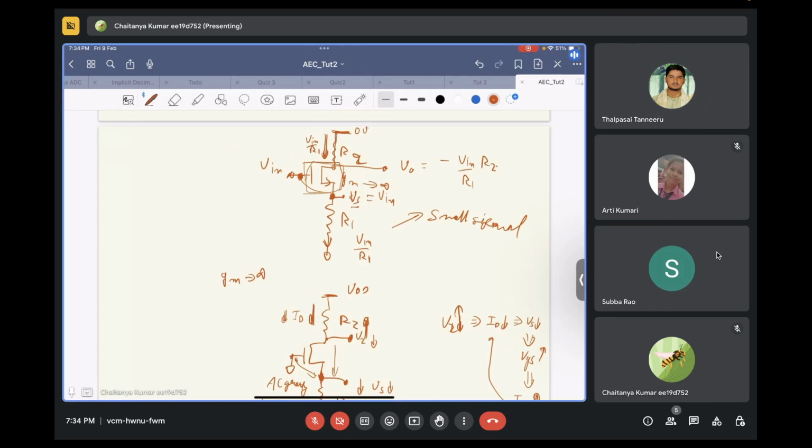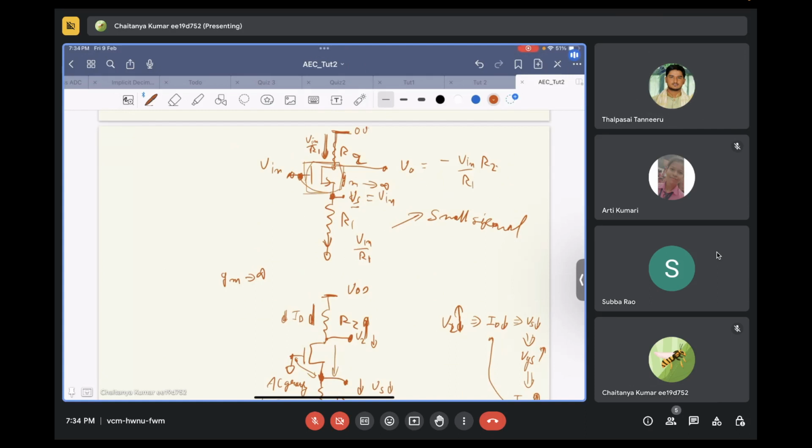You get this now, that if the GM tends to infinity, the gain of the circuit can be directly calculated by two facts. One, this transistor is in negative feedback, and if the transistor is in negative feedback and its transconductance has gone to infinity, its VGS is bound to go to 0.